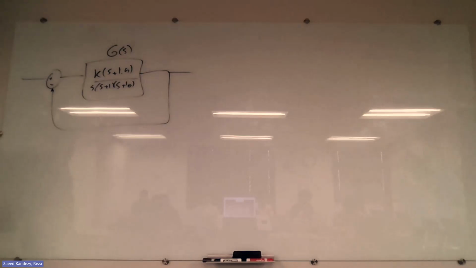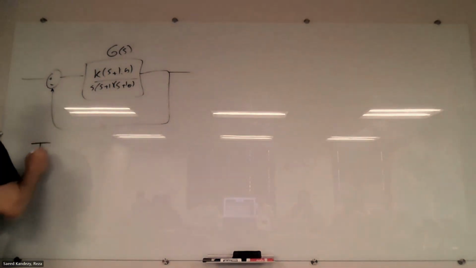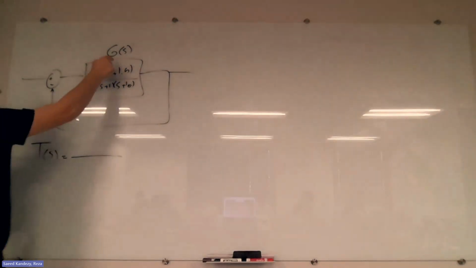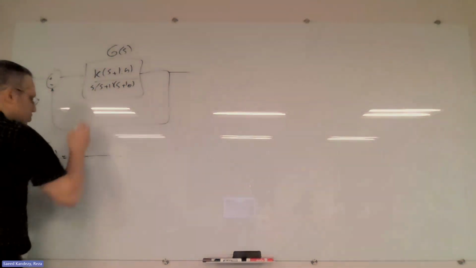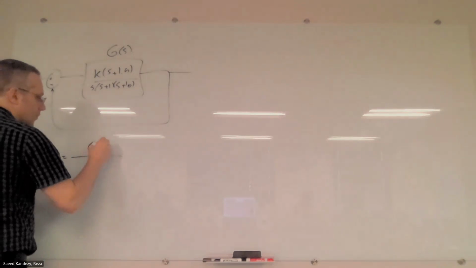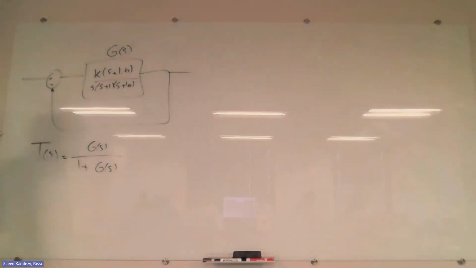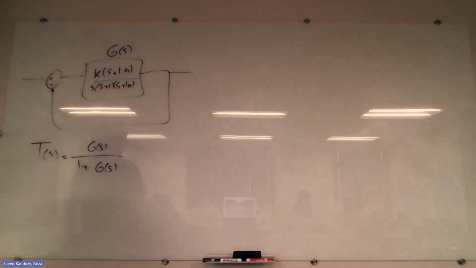The overall transfer function of the system, which is the first thing that you have to do, is going to be G over 1 plus G. The H is 1, that's why I'm saying G. Don't get confused that I didn't mention H; here it is unity, so H is 1.